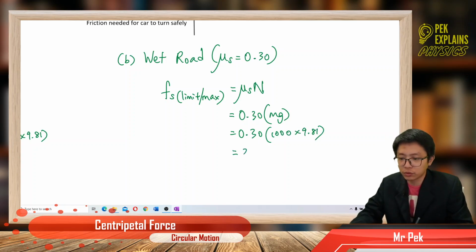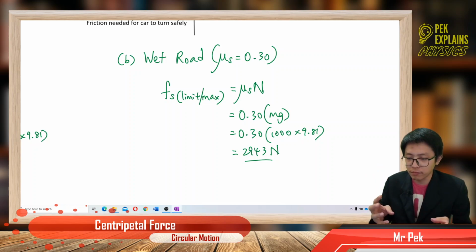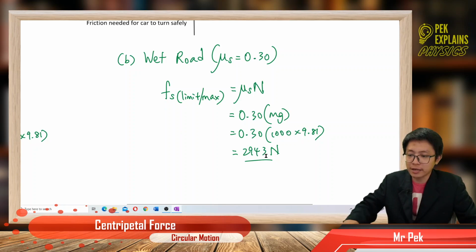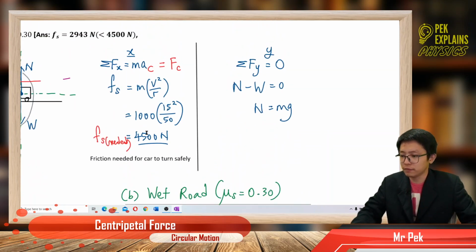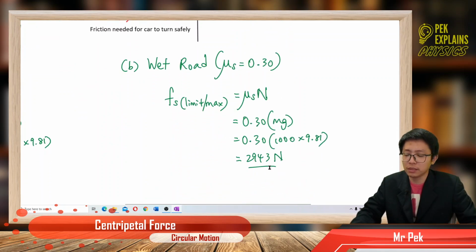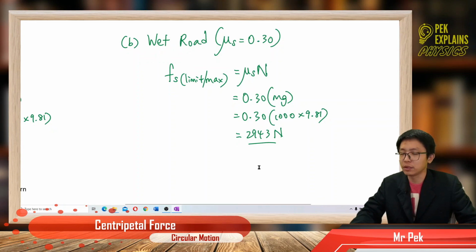After we calculate, we got 2,943 Newton. So the maximum friction the road can provide is only 2,943. Is it enough? No, the friction required is 4,500 but your limiting is only 2,943, so not enough. So the car cannot turn safely, it will skid.